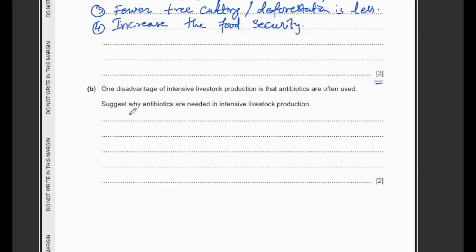Now antibiotics are to treat bacterial disease. What will be the second one? Why are we giving antibiotics? To protect them from diseases.